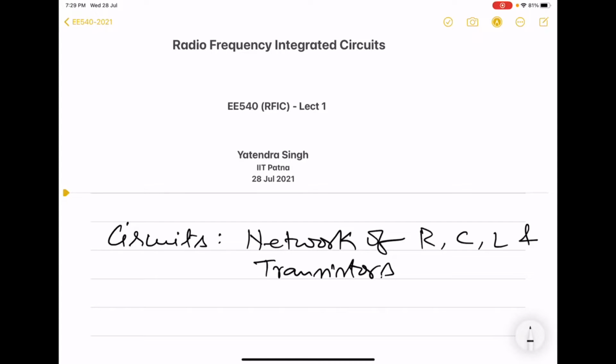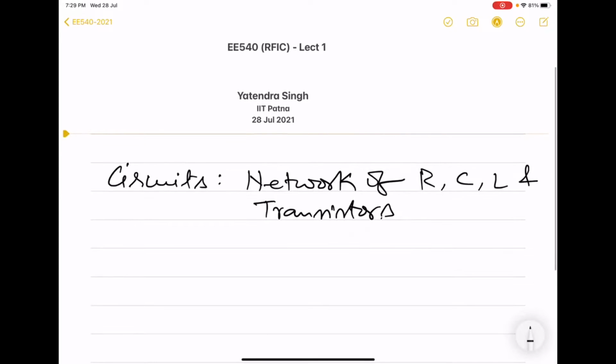Now the second important word in this title is integrated. So this says that we will be talking about integrated circuits.